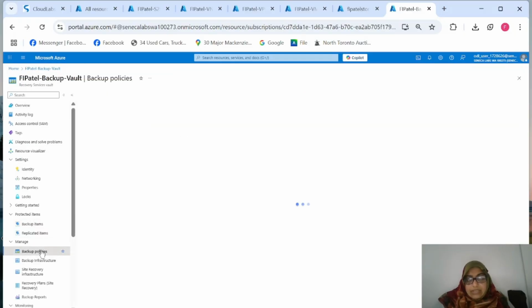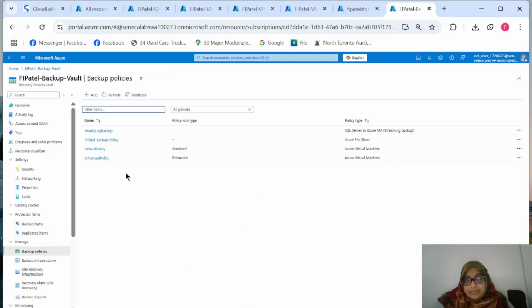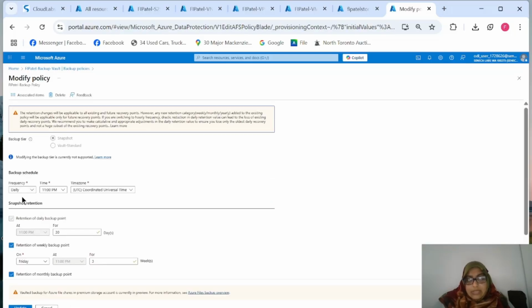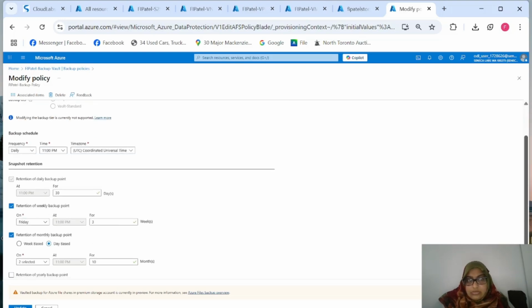And this is the backup policy. The backup is scheduled daily at 11 p.m. in the UTC time zone.